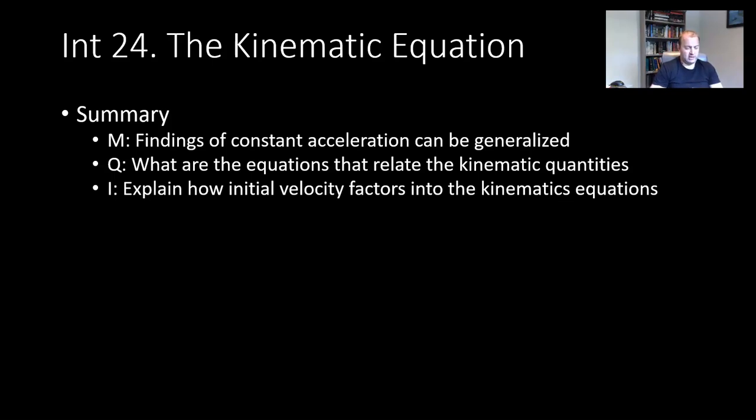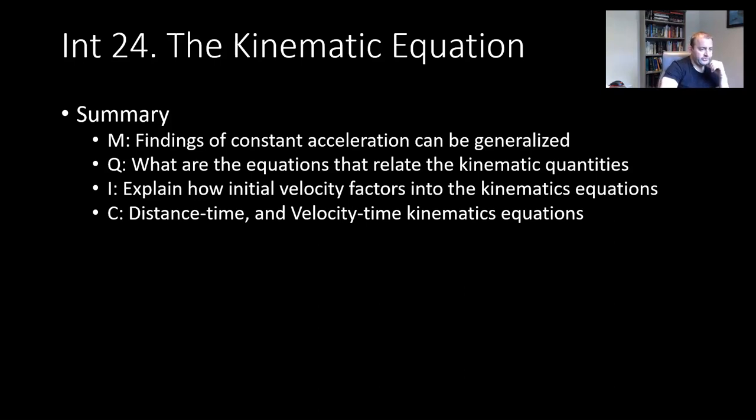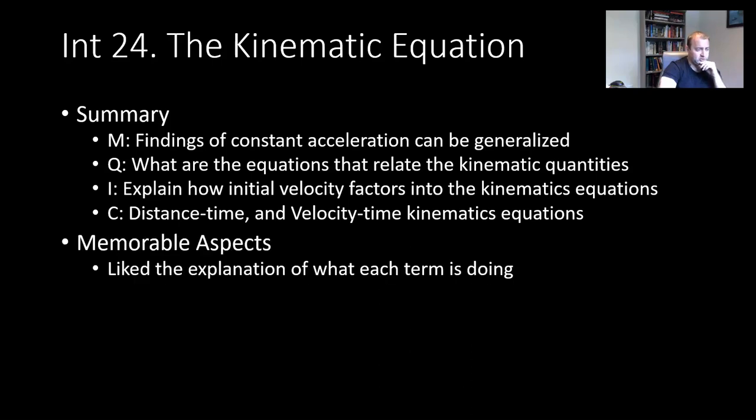And basically, the argument there is that the v naught t term is sort of what the object would do if it were undergoing just a constant velocity. So it has that as its baseline. And then the acceleration is sort of this extra that gets added on top of it.